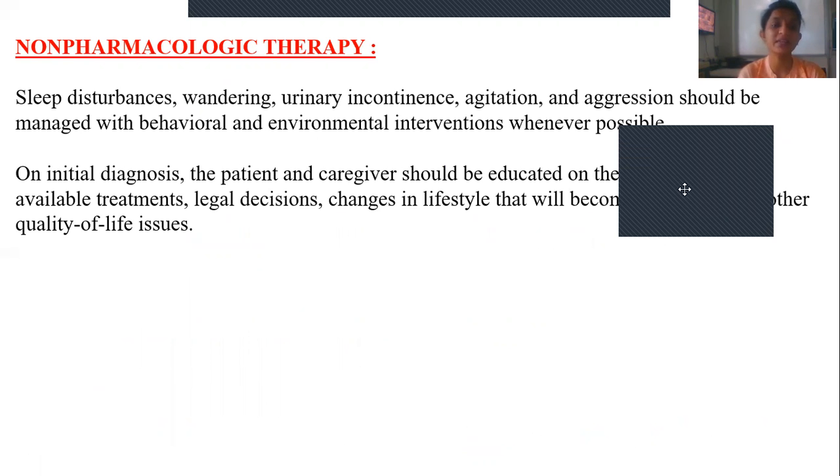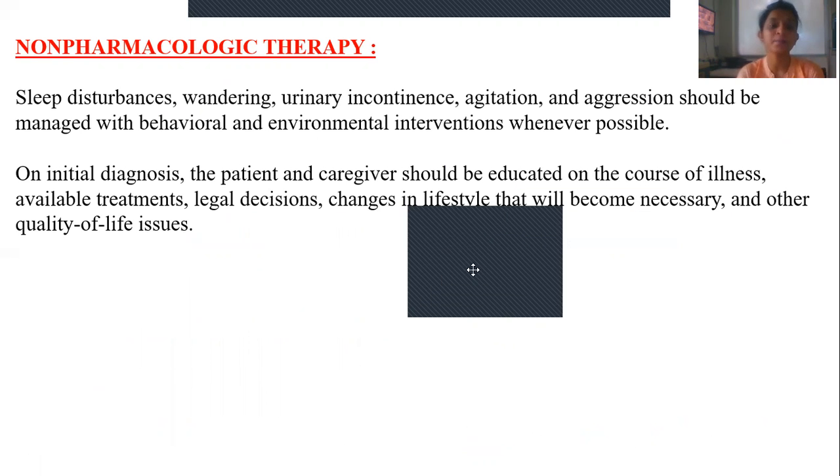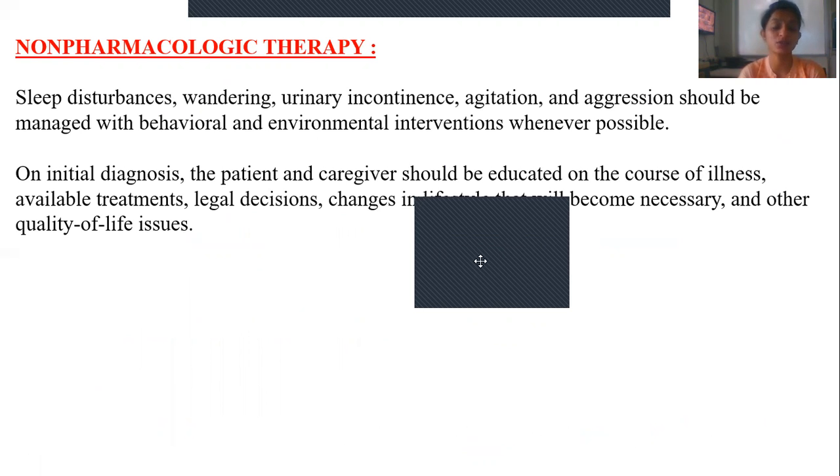These should be managed with behavioral and environmental interventions whenever possible. That means when the patient has these kinds of symptoms, like wandering, urinary incontinence, agitation, aggression, sleep disturbances, at that time we make behavioral and environmental changes. For these we need not go for medication.